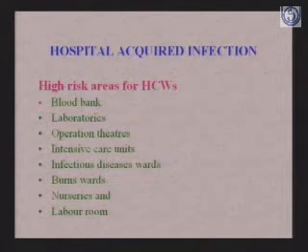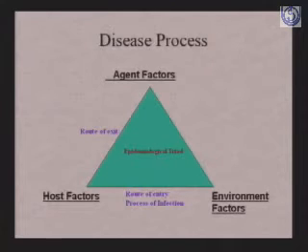There are certain high-risk areas within the hospital for spreading these kinds of infections. Although the entire hospital can be prone to these infections, we do have certain areas like the blood bank, the laboratories, operation theatres, intensive care units, infectious diseases wards, the burns wards, nurseries and labour rooms.